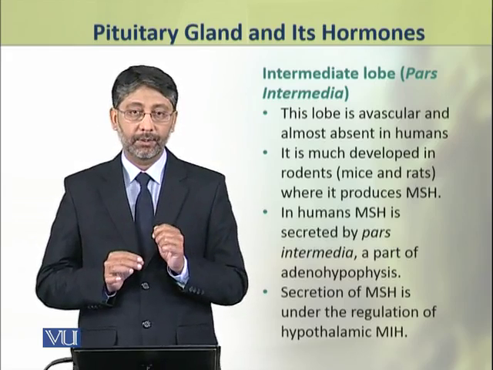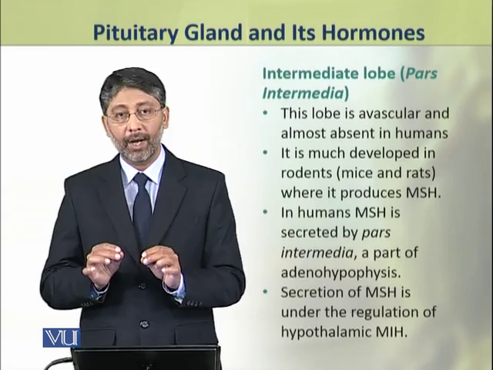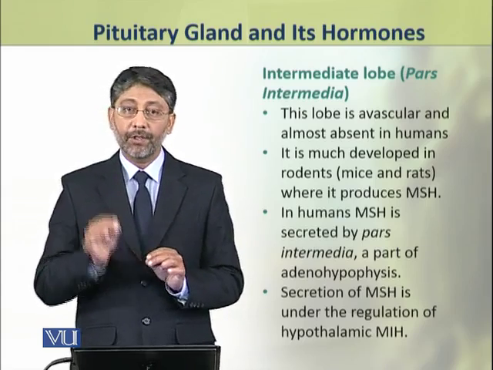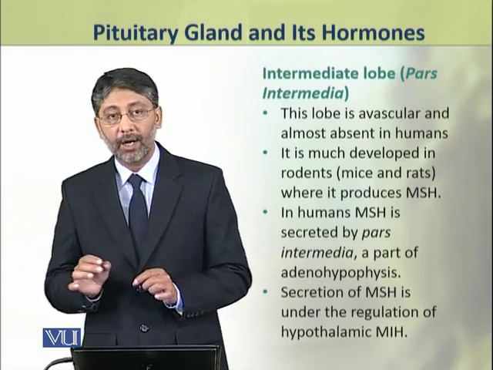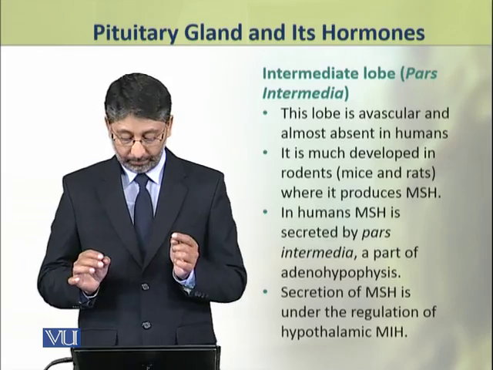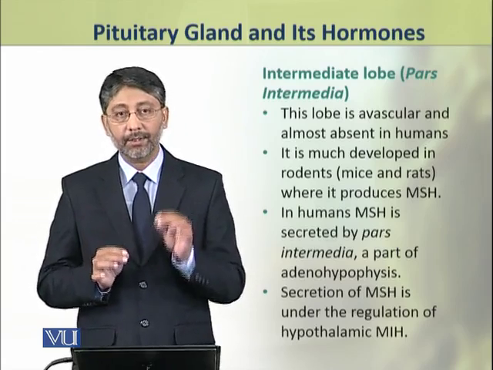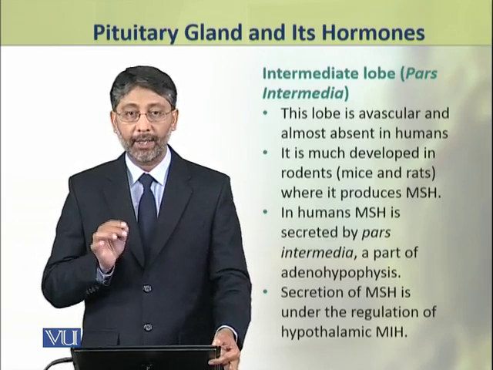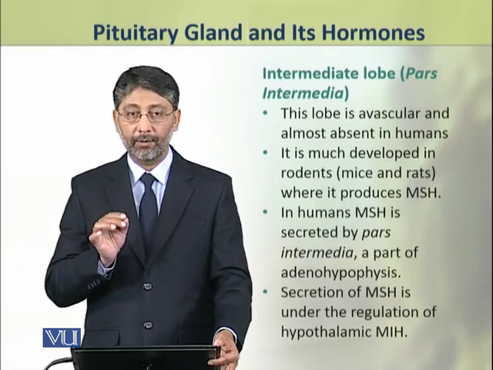In humans, MSH is secreted by the pars intermedia, which is considered as a part of anterior pituitary. The secretion of MSH is under the regulation of hypothalamic MIH, that is inhibiting hormone for melanocyte.